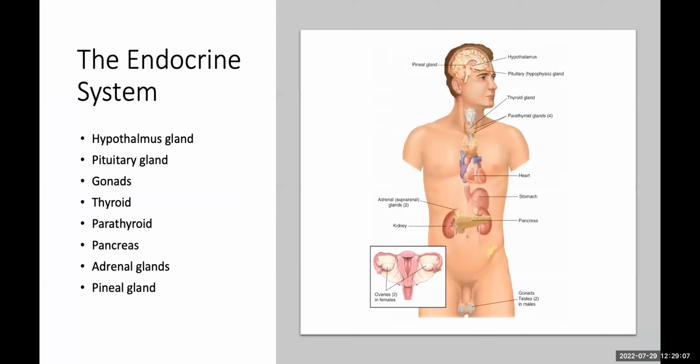For the endocrine system, we're primarily going to be focusing on a little bit of the pituitary gland, the thyroid, the pancreas, and the adrenal glands.